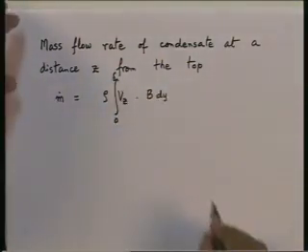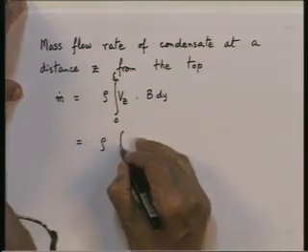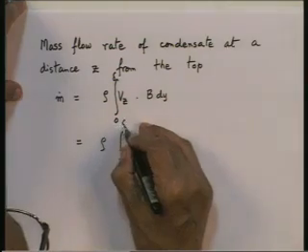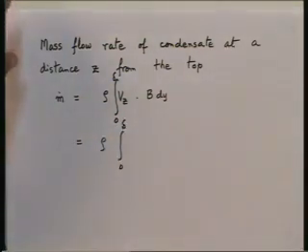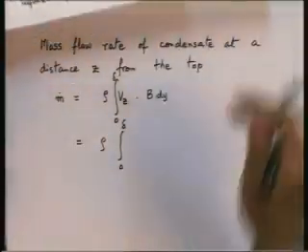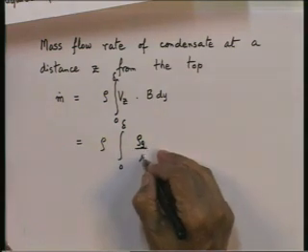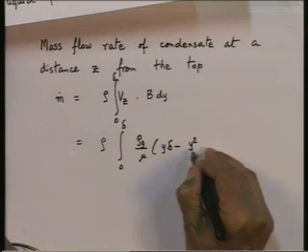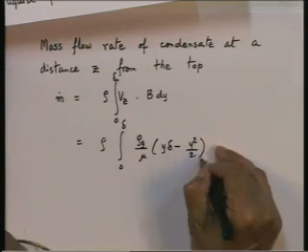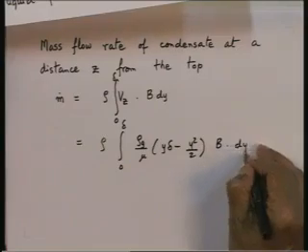Therefore, I will integrate this expression from 0 to delta to get the mass flow rate. If I integrate, I will get rho integral 0 to delta, and for v z I will substitute the velocity distribution that we had got. What was the velocity distribution? Rho g by mu, y delta minus y squared by 2, that was the velocity distribution for v z, into b, which is a constant, dy.